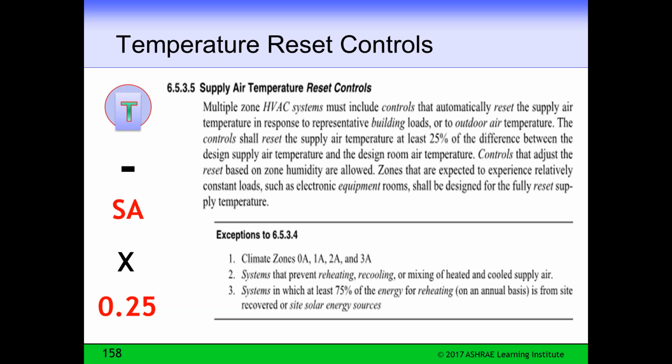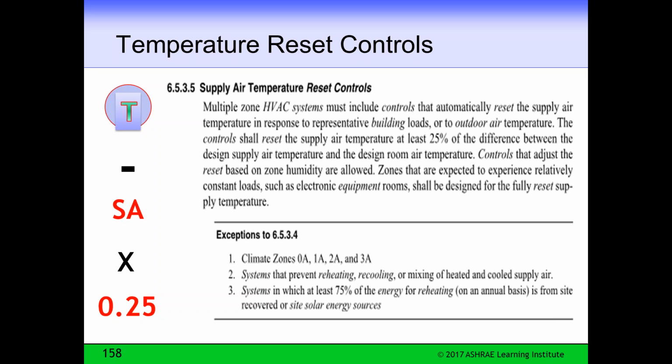Zones that are expected to experience relatively constant load, such as electronic equipment rooms, shall be designed for fully reset supply temperature. What that means is, I've got an electrical room or a computer room or a closet, and I've got a box serving it, and the box is sized at a 20-degree delta T for the CFM requirement.